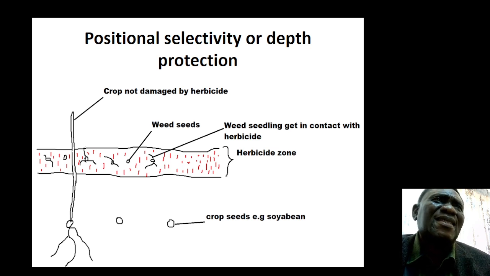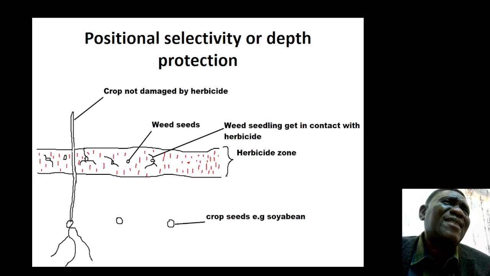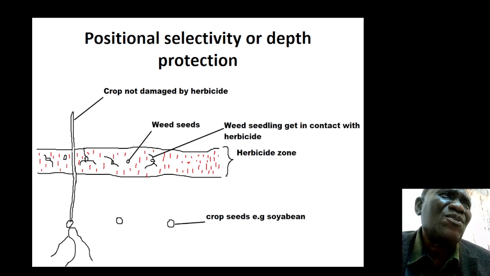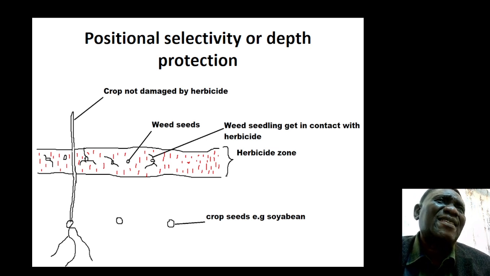If we focus on the soybean situation, we have got on the diagram what we call the herbicide zone. This is where, incidentally, you find weed seedlings. Because the weed seeds are small, they are found near the surface in the 1 to 2 centimeter zone.